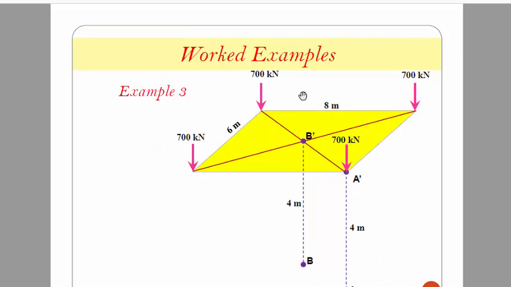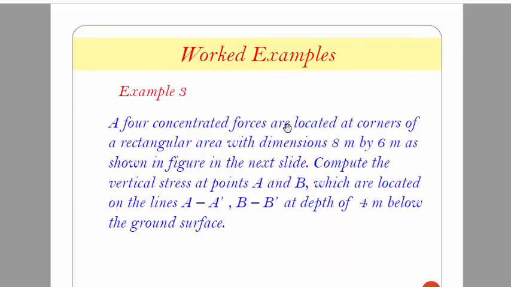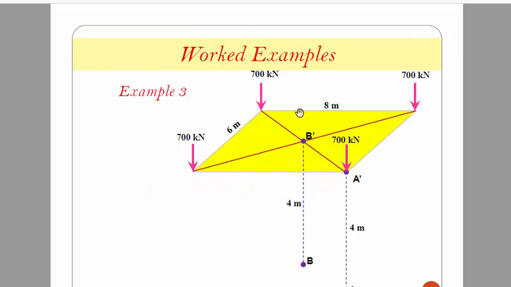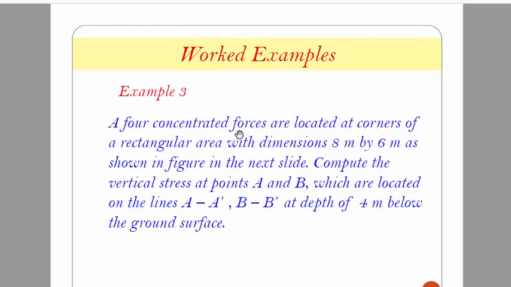Suppose this kind of foundation carries loads of 700 at each point. This side is 6 meter, this is 8 meter, this is point B and this is point A, and the Z value is 4. Calculate the stress at points A and B. Four concentrated forces are located at the corners of a rectangular area of 8 meter by 6 meter as shown in the figure.